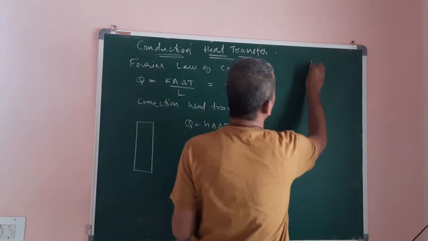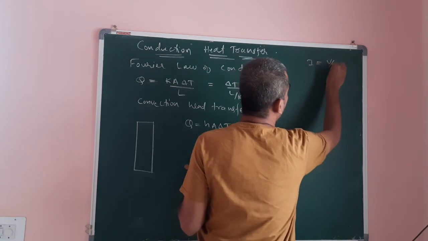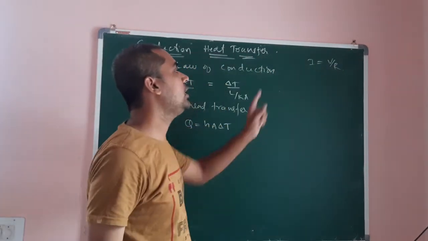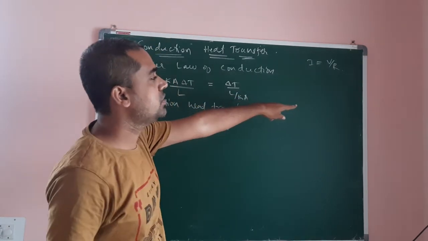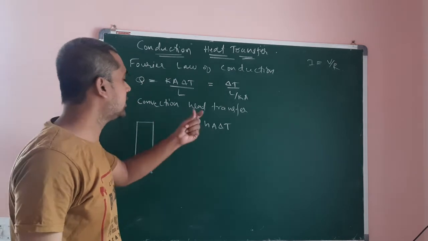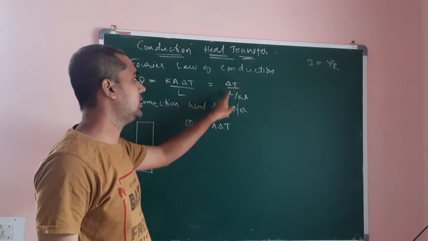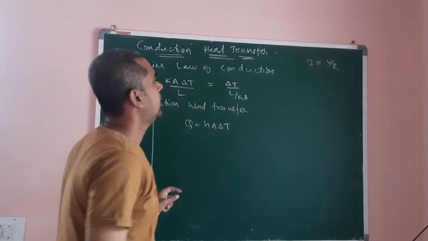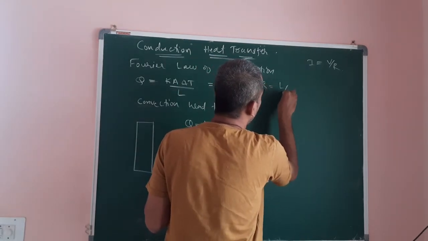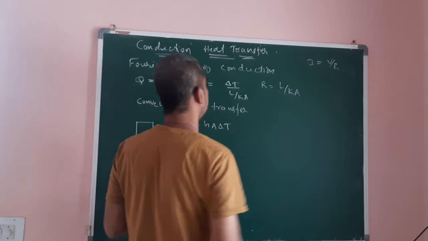We know I is equal to V divided by R, where I is electric current, V is electric potential, and R is the electric resistance. In a similar way, heat transfer is equal to delta T divided by L by KA, and this L by KA is R, the thermal resistance.